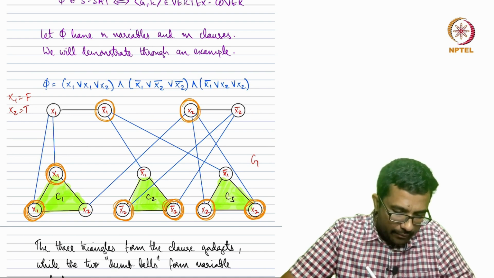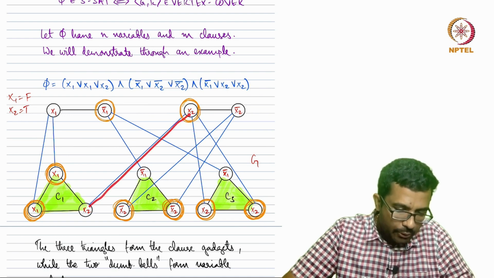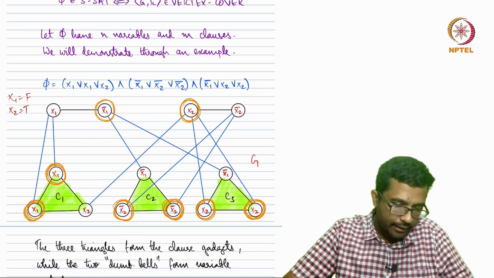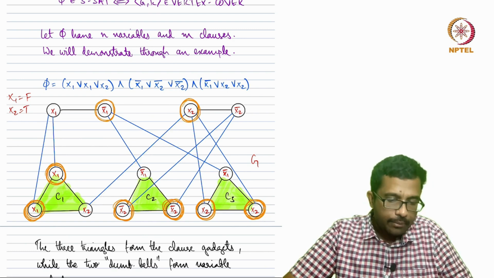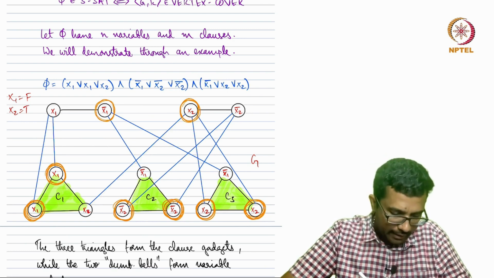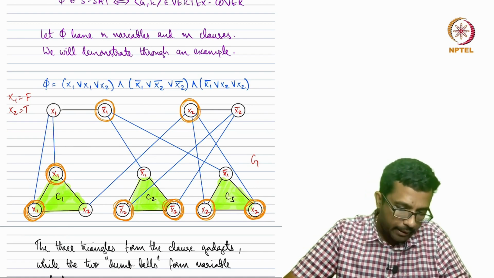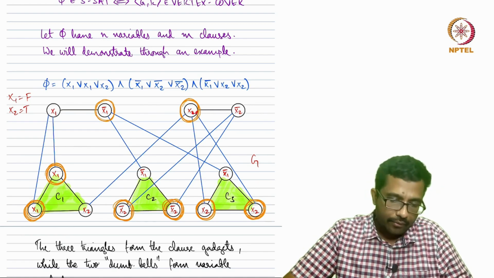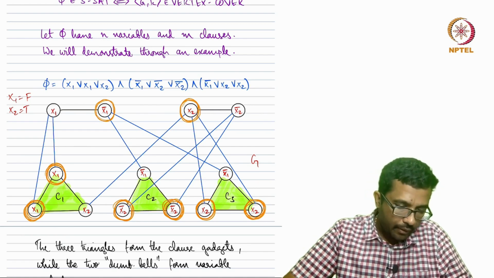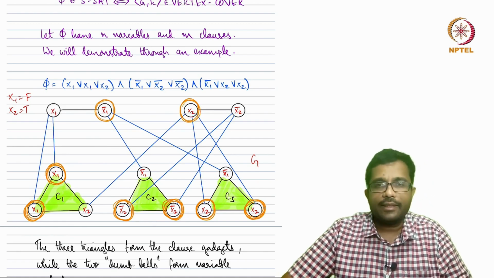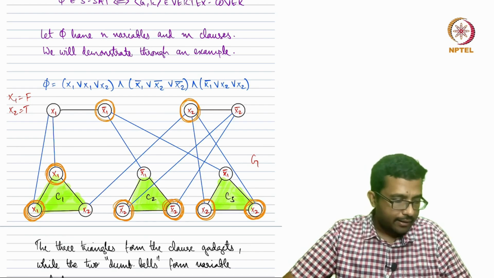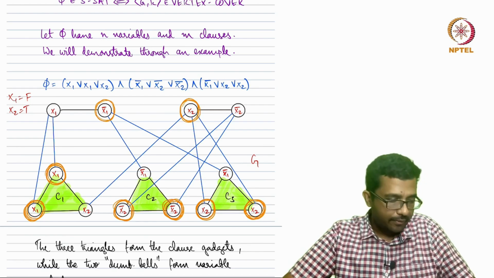Which means it is adjacent to the x2 in the variable gadget, which is a true literal and which will be selected. So if this x2 is true, then it would be adjacent to a vertex in the variable gadget that is selected as part of the vertex cover.